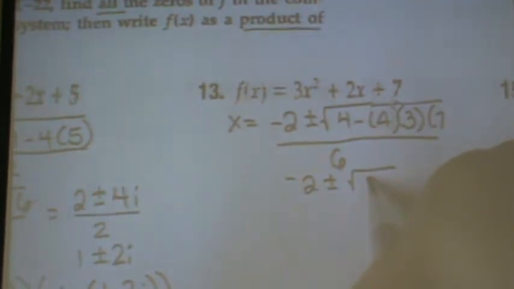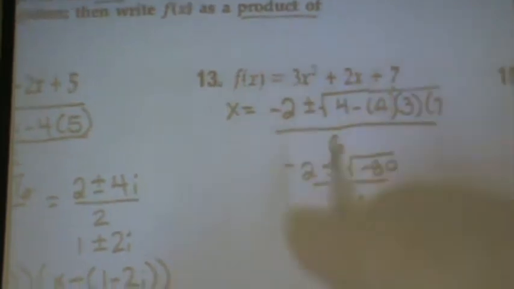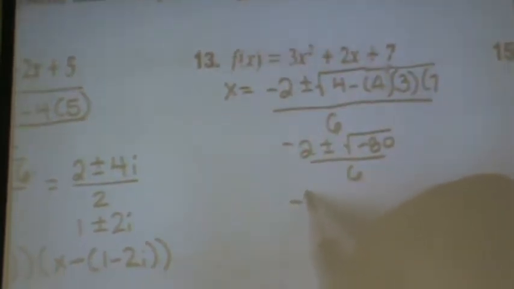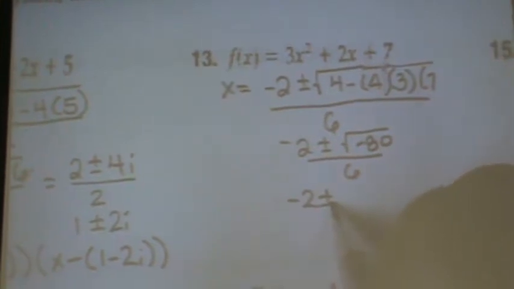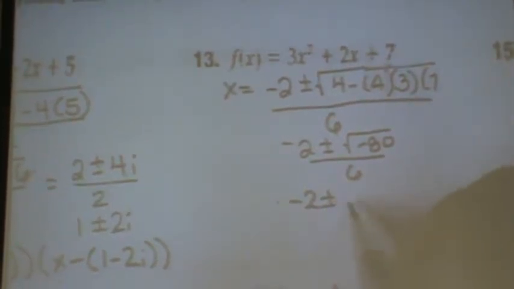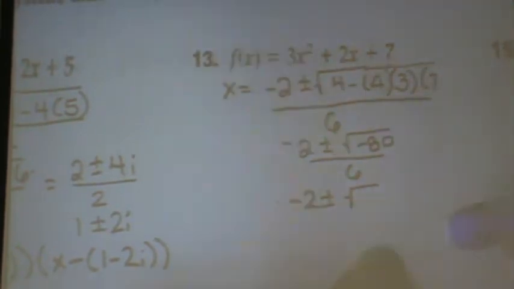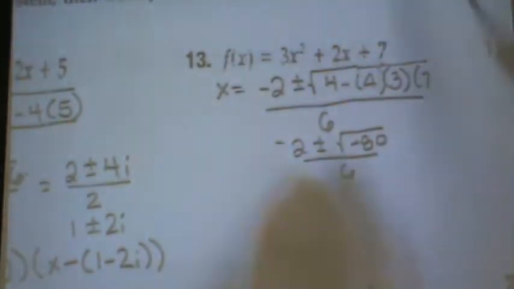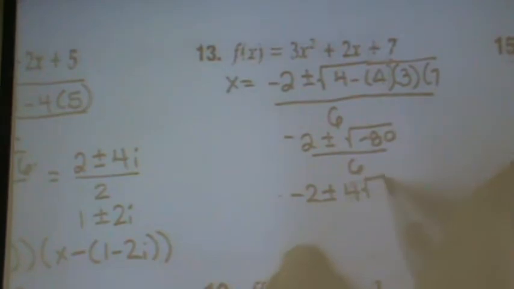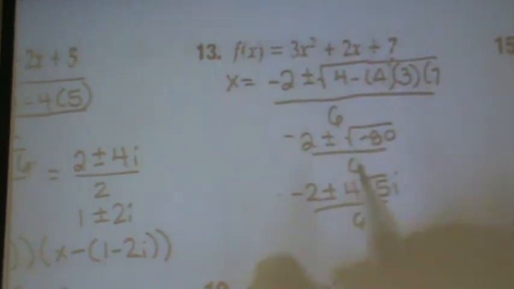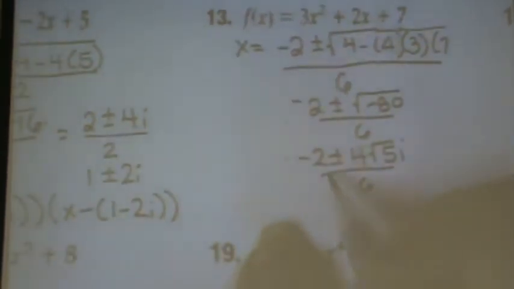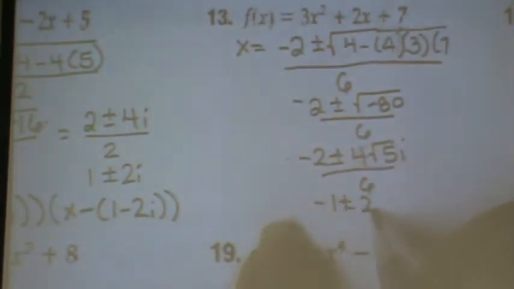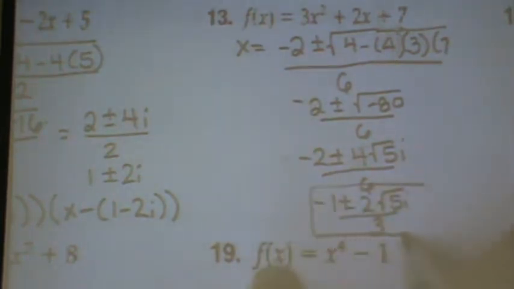And 4 minus 84 is negative 80, all over 6. So you end up with negative 2 plus or minus 4 root 5i over 6. And we're going to simplify this. 2 goes into all three of these, so negative 1 plus or minus 2 root 5i over 3. These are your two zeros.